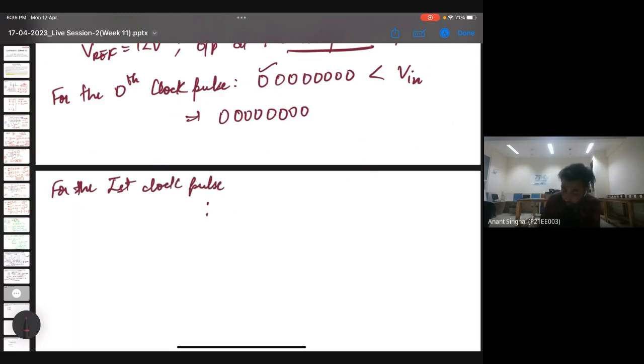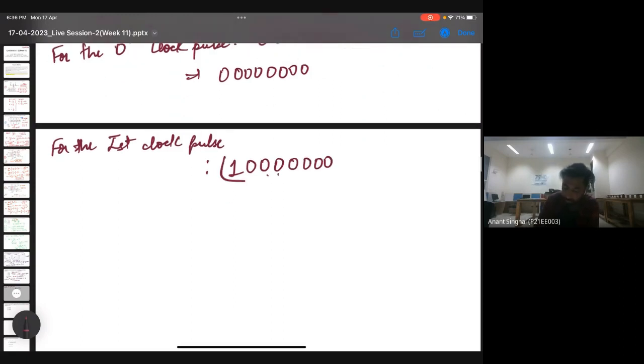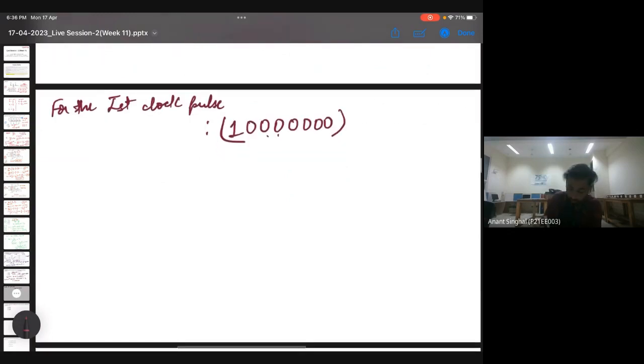we'll check if the output voltage is getting greater than the input or not. So we have 1 0 0 0 and so on, and we'll check the corresponding decimal equivalent. First we need to calculate the resolution to calculate the output voltage.